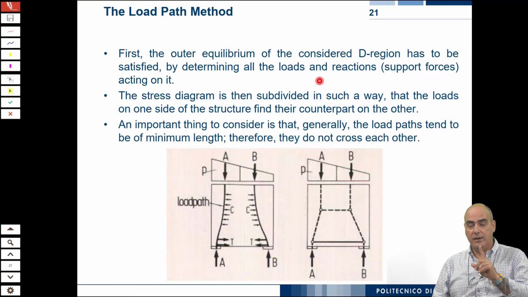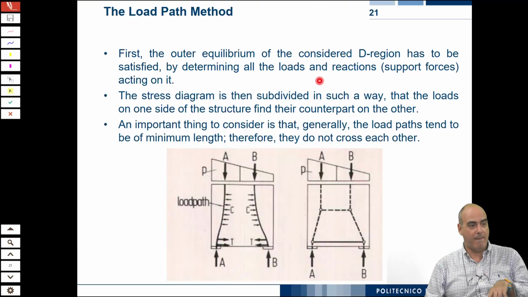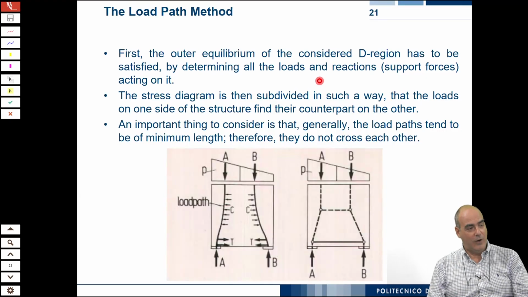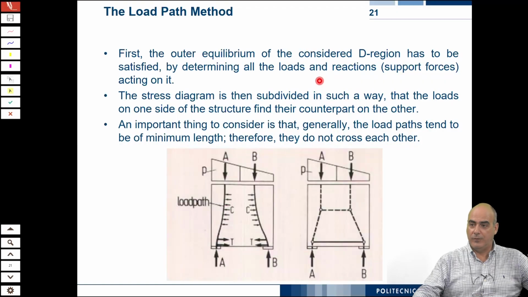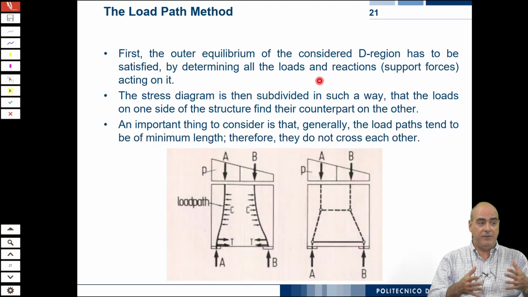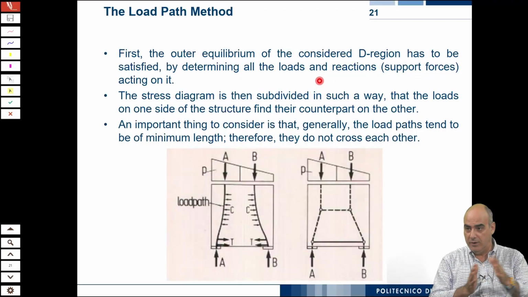There is one very important concept. What is the shortest distance between two points? Actually, the load paths follow lines that tend to have the minimum length. We know from solid mechanics that when you have a structure under loads and boundary conditions, the configuration which is at the same time fulfilling the equilibrium and the compatibility is the one which is characterized by the least energy.